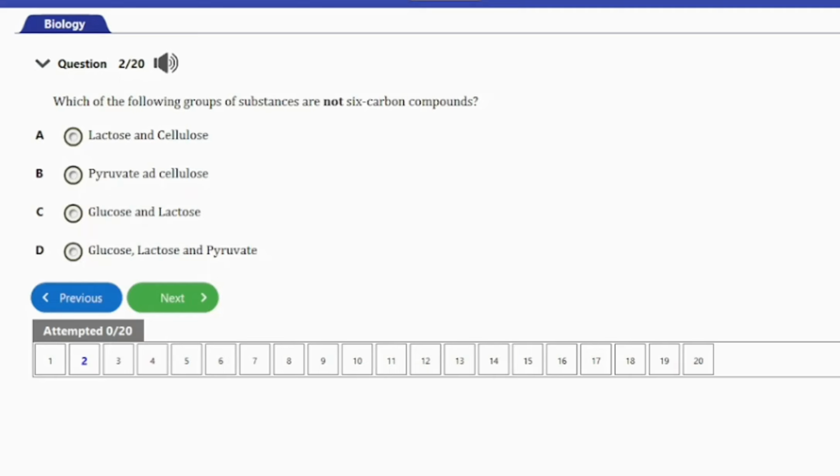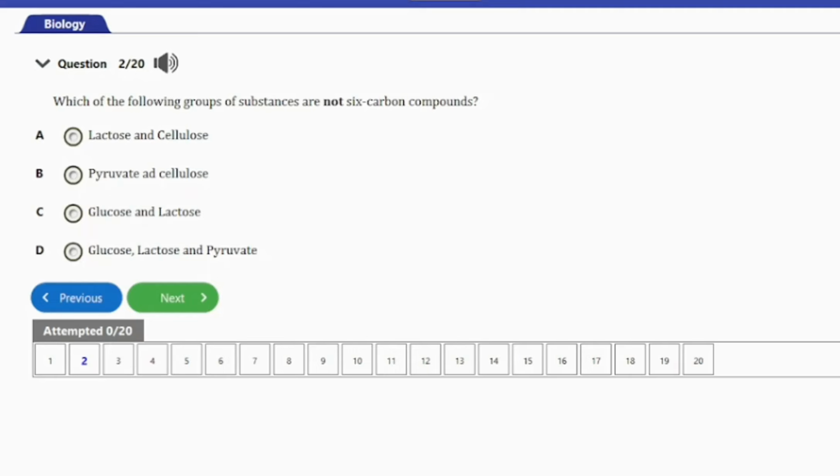It says, which of the following groups of substances are not 6-carbon compounds? We have A, lactose and cellulose, B, pyruvate and cellulose, C, glucose and lactose, D, glucose, lactose, and pyruvate. So guys, the only option here that represents 6-carbon compounds wholly is glucose and lactose, that's option C here.